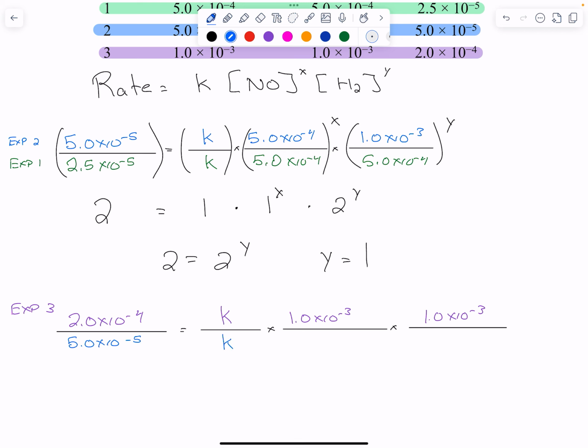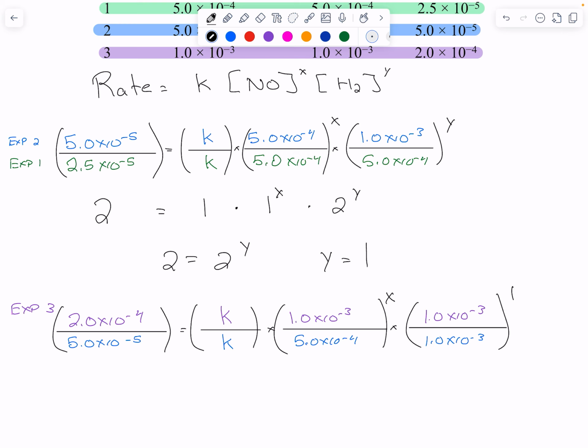K, I have 5.0 times 10 to the negative 4 molar, and I have 1.0 times 10 to the negative 3 molar. All right. Now we know that H2's coefficient is 1, so we can use that.